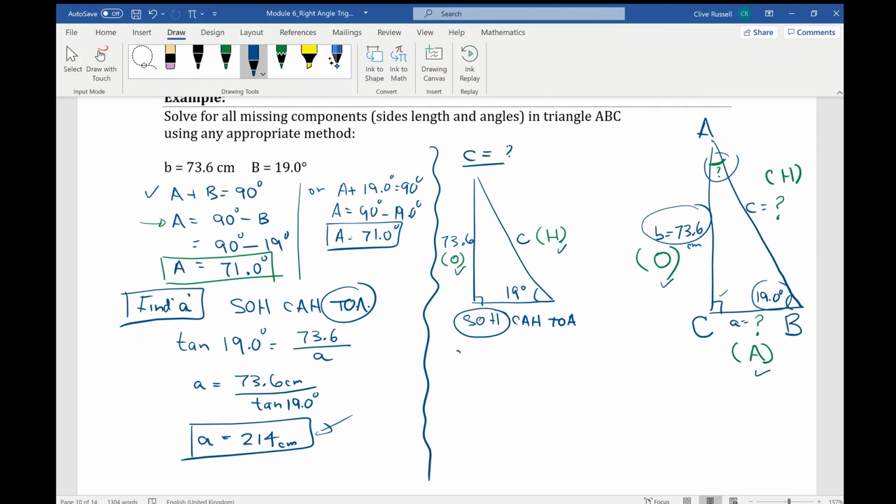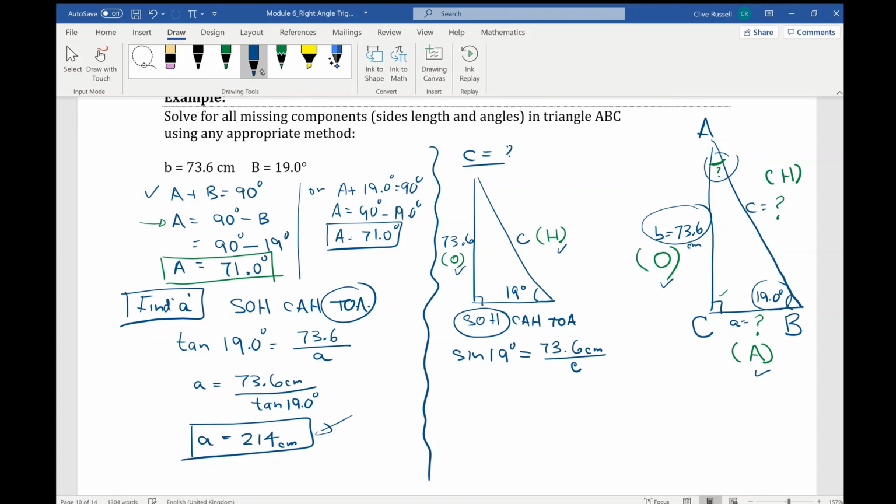So we could say that the sine of 19 degrees is opposite, which is 73.6 centimeters, over the hypotenuse, which is our C value.